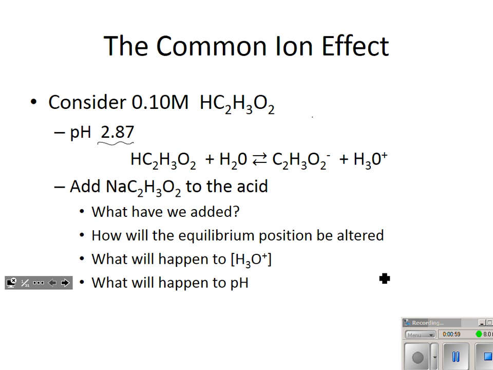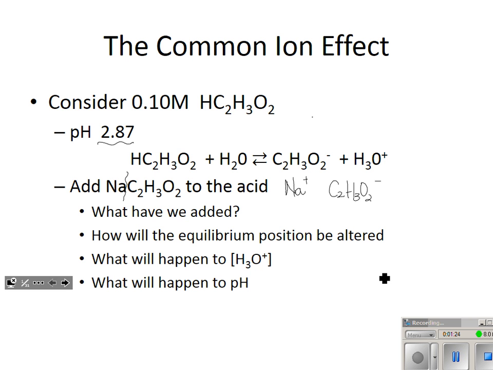Now what if we take this weak acid and we add this salt, sodium acetate? We know that there are two ions that we're adding to the solution. If that salt dissolves, which it will, we're adding sodium ion and we're adding the acetate ion.